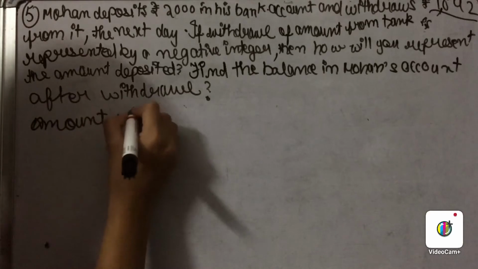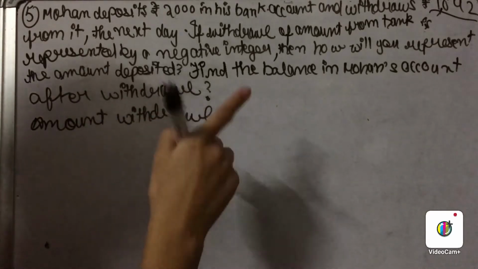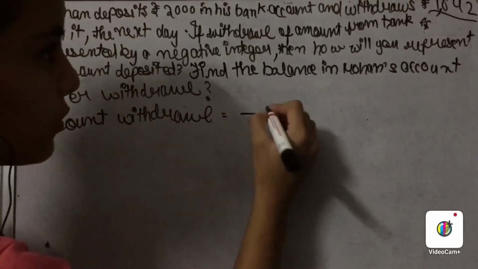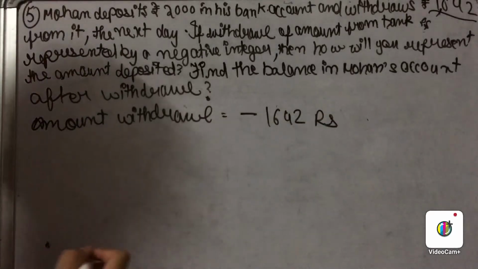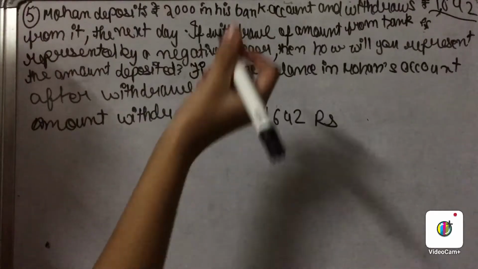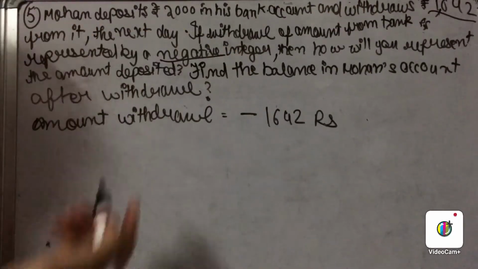Amount withdrawal. So the amount withdrawal is represented by a negative integer, so we will write it as minus 1642 rupees. And now if the withdrawal of amount is represented by negative integer, then how will you represent the amount deposited?